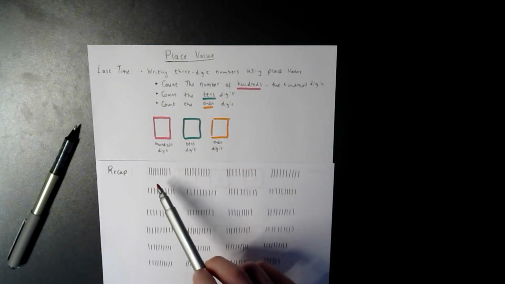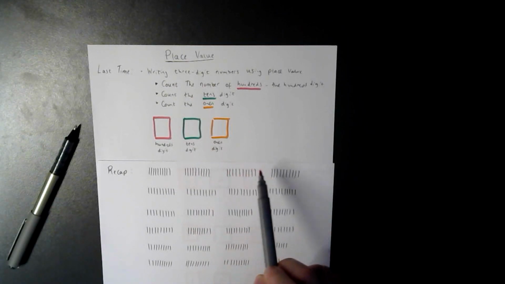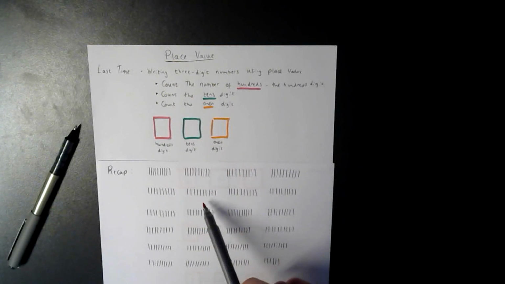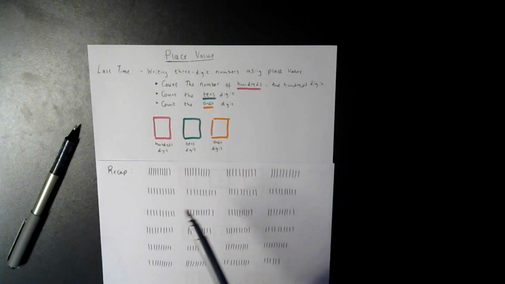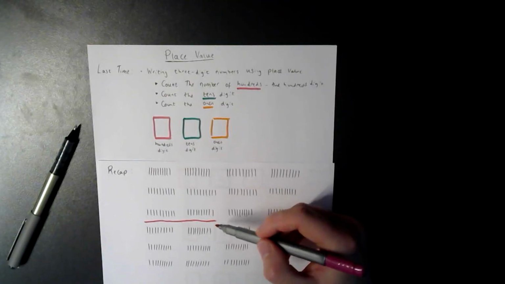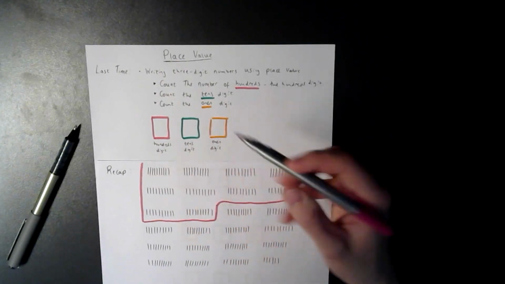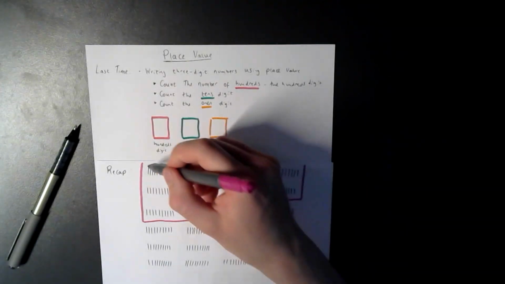So 10, we start with 10, then 20, 30, 40, 50, 60, 70, 80, 90, 100. So we've got 100 here, and we'll draw a pink outline to signify that we've counted 100.